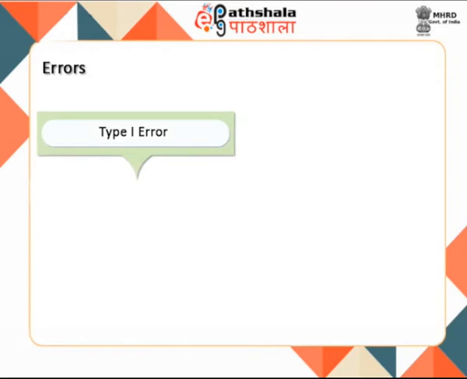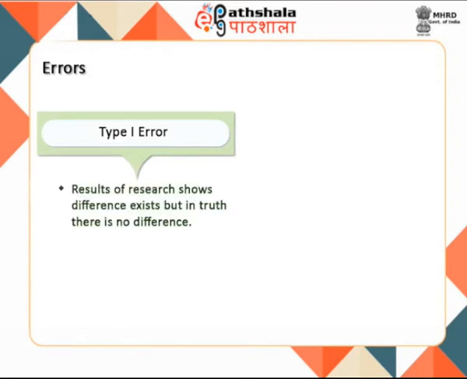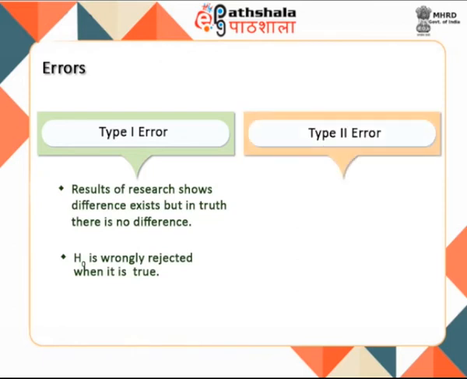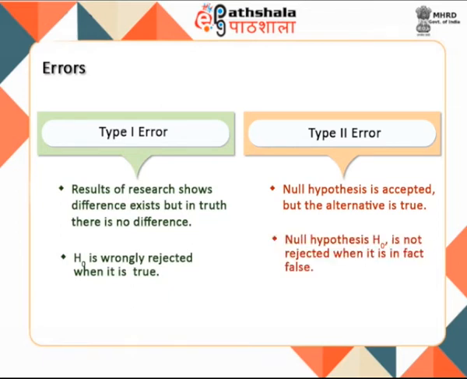Type 1 error occurs when results of research show a difference exists, but in truth there is no difference. That is, H naught is wrongly rejected when it is true. On the other hand, type 2 error occurs when the null hypothesis is accepted, but the alternative is true. That is, H naught is not rejected when it is false.